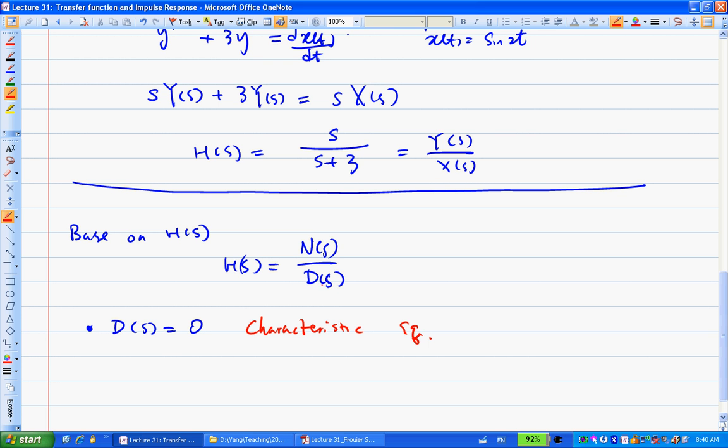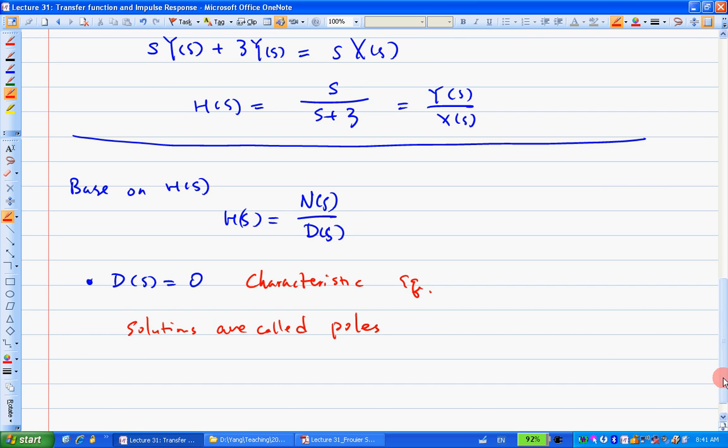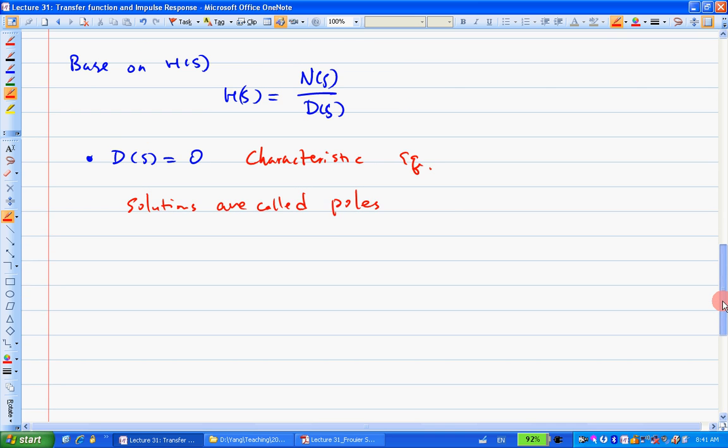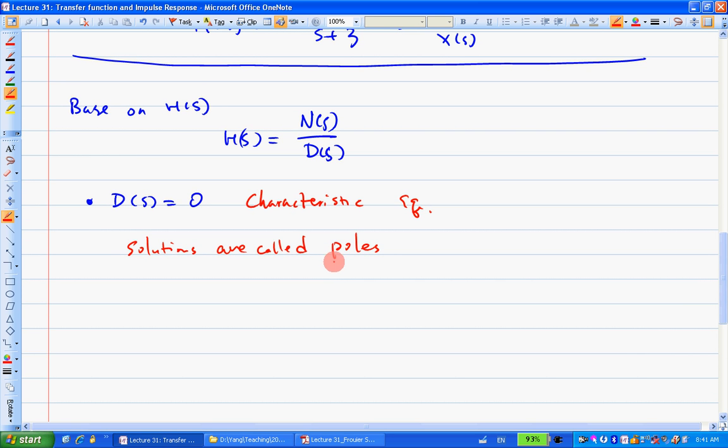For this D(s) equals 0, the solutions are called poles of the system. I think I mentioned this concept in some previous lectures. So the solutions of this are called poles.